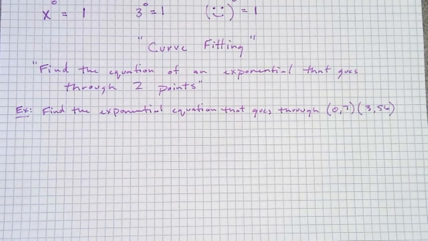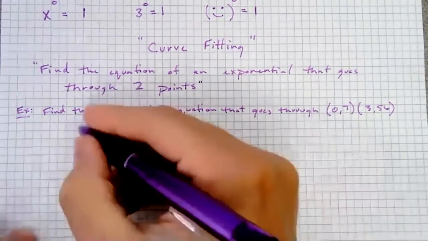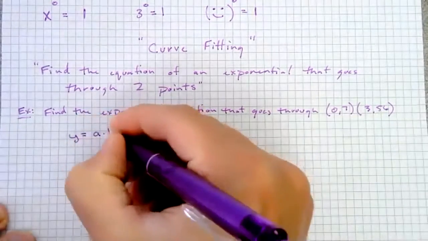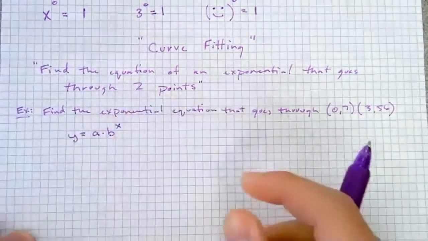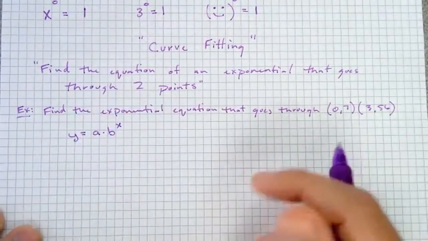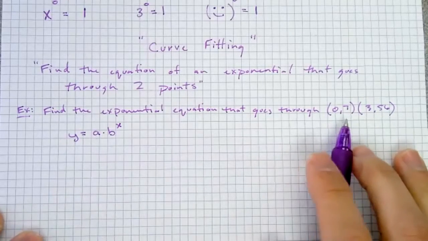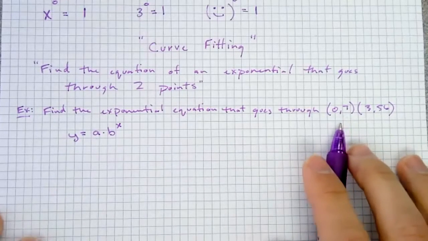In this case, we're being given the y-intercept, which makes our life a lot easier. Because if you recall, we have y equals a times b to the x as our exponential function, where a is whatever our y-intercept is. So in this case, it's 7.